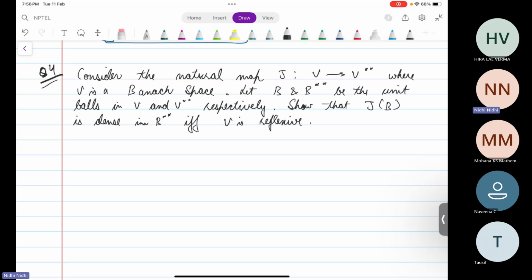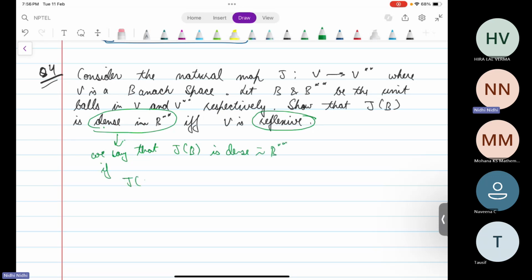In order to solve this problem, one should be aware of the terms. What do we mean by dense in B star star, and what do we mean by reflexive? We say that JB is dense in B star star if the closure of JB is equal to B star star.